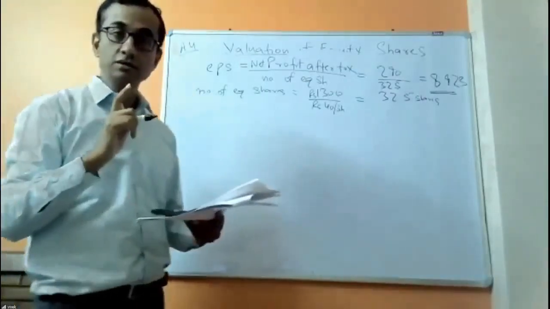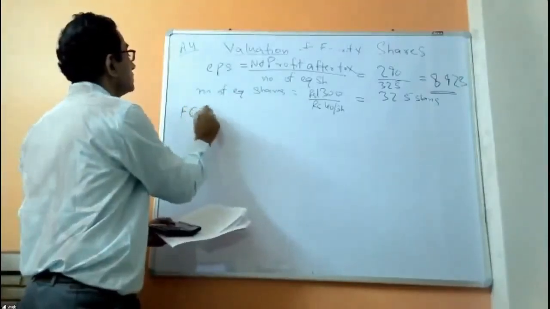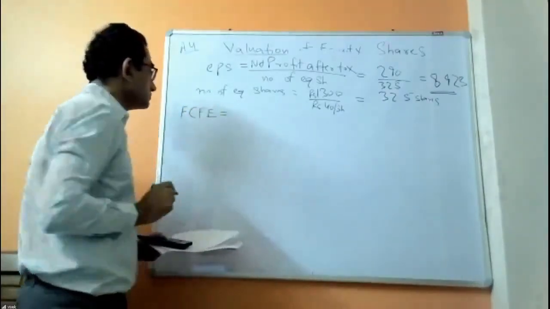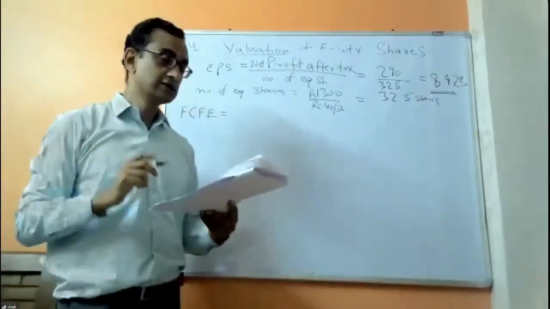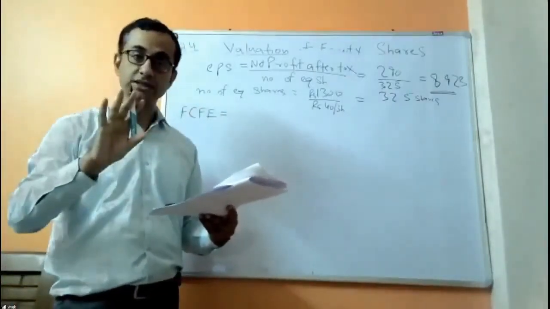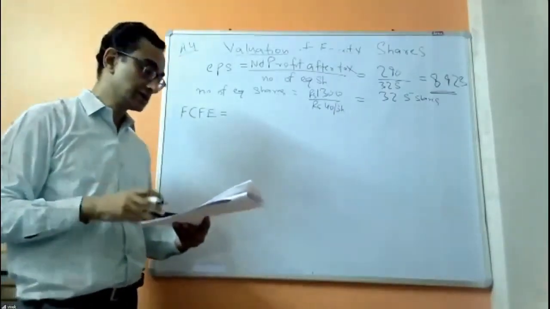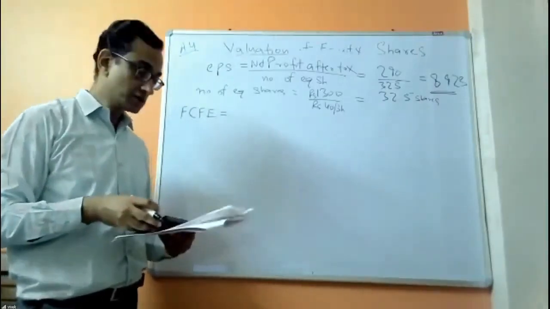Now we can calculate the free cash flow to equity. Free cash flow to equity, that is net profit, and depreciation amount is added, any capital expenditure is deducted, and any change in net working capital is also deducted. All these figures are given in your question.